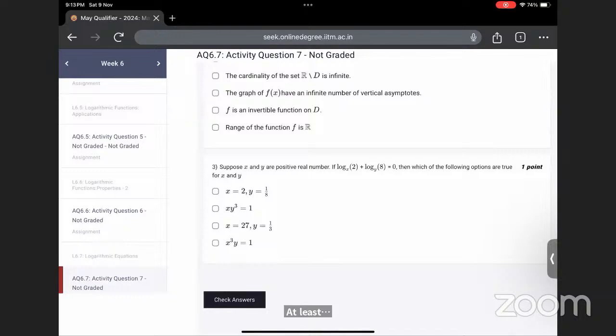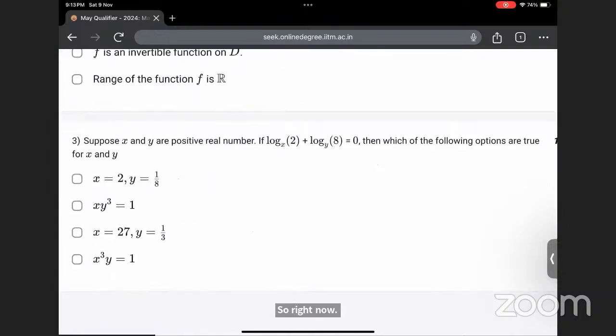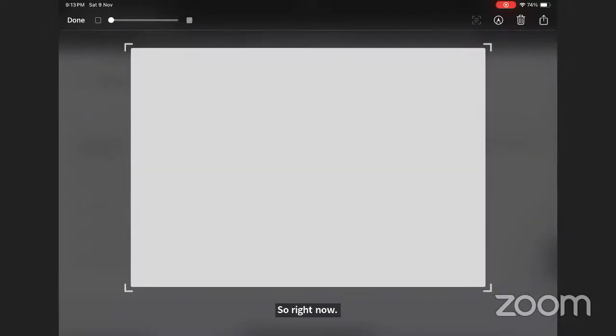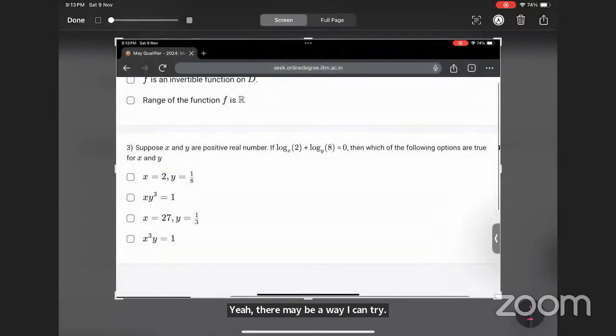Maybe I can try. You can write it as log base 2 of x, and this is 2 cube, right?